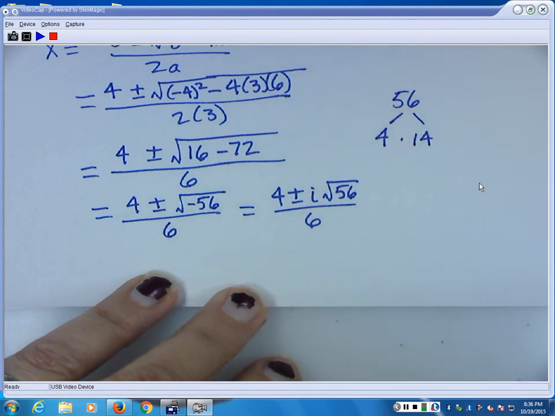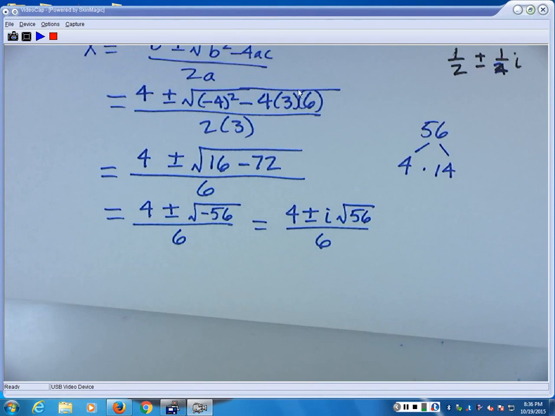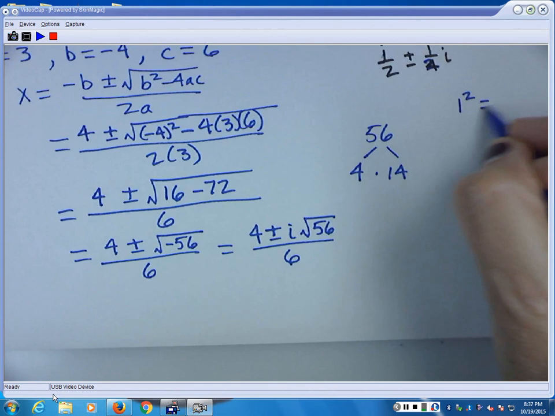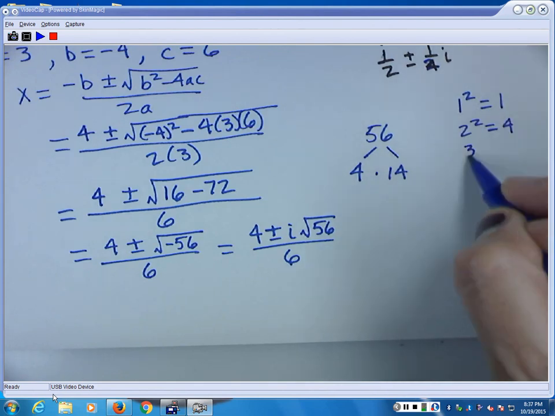I don't have that memorized. I had it on my paper here. Sorry, you guys. If you can't remember, you can just use the calculator. 56 divided by x. What are the perfect squares? 1, 4, you know, 1 squared is 1. Well, that doesn't help you on these. 2 squared is 4. 3 squared is 9.